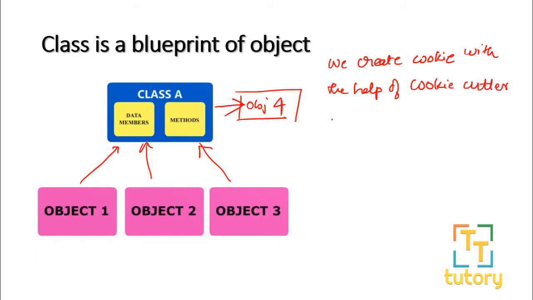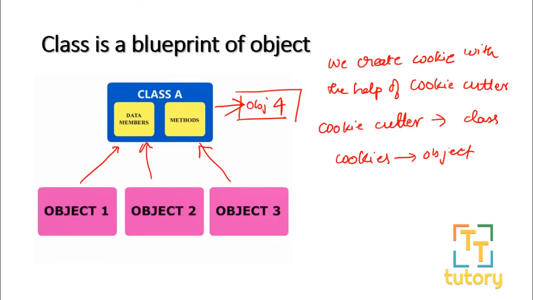Here this cookie cutter can be considered as a class, and through this class we are creating different objects, that is, cookies. Okay, so the cookie cutter is a class which is acting as a blueprint for creating the objects that are cookies. Okay, so I hope you have understood what is meant by class is a blueprint of object.